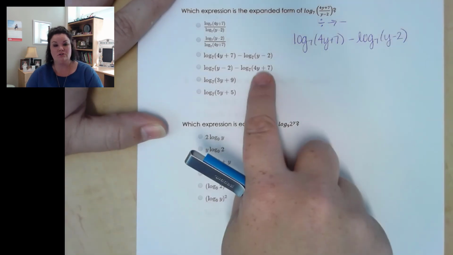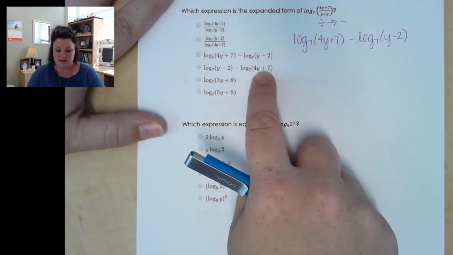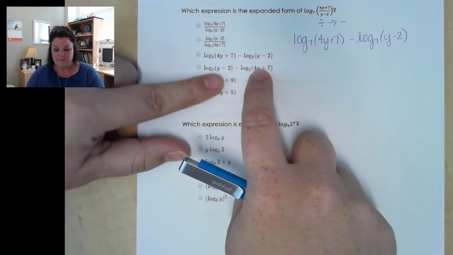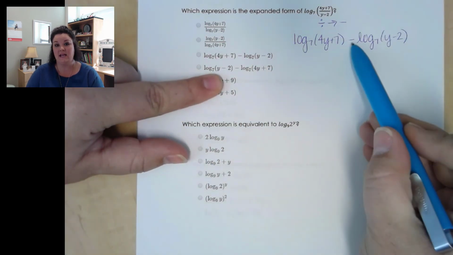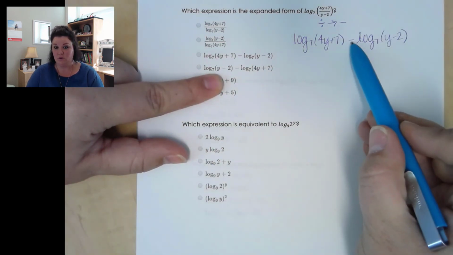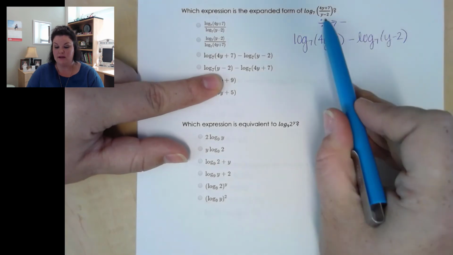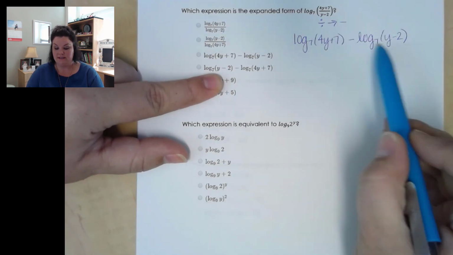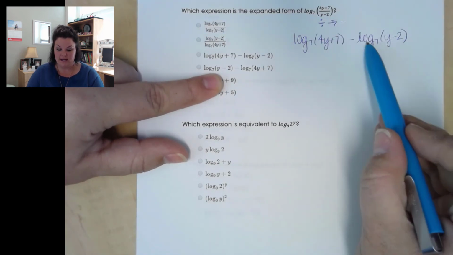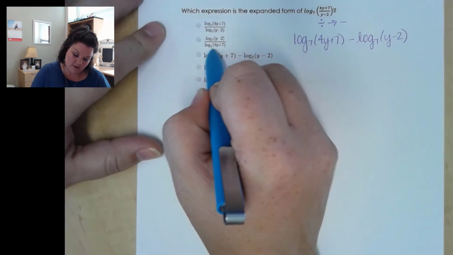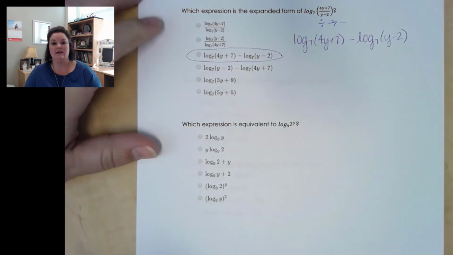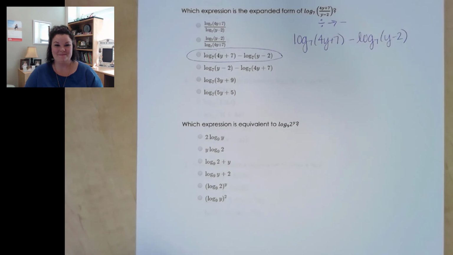So I just want to choose the right answer, which I can tell is going to be either the 3rd or 4th choice. Make sure you know which one is negative. The negative one is the one that always comes from the denominator. Okay, so log base 7 of y minus 2 should be the negative term, which means that this 3rd choice is the correct one. Okay?